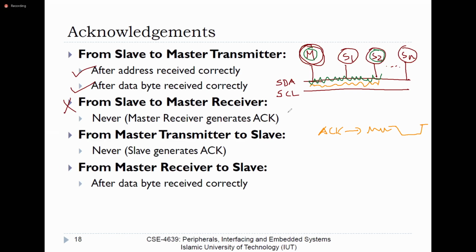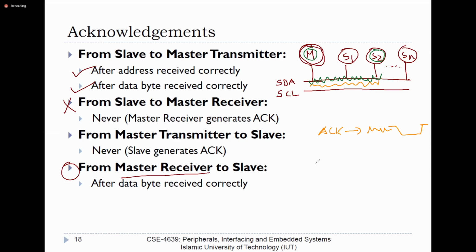The master receiver can generate the acknowledgement in this scenario: the master is asking one slave to send the data. In that case, the slave will send the data and the master receiver will send the acknowledgement towards the slave.